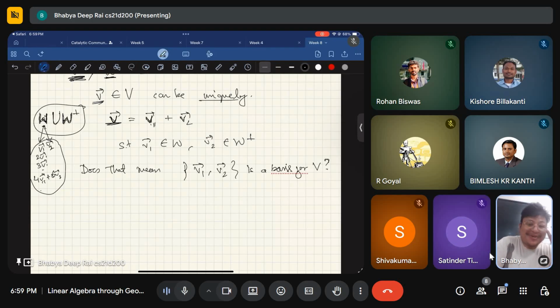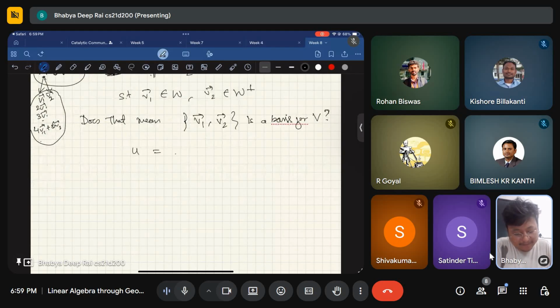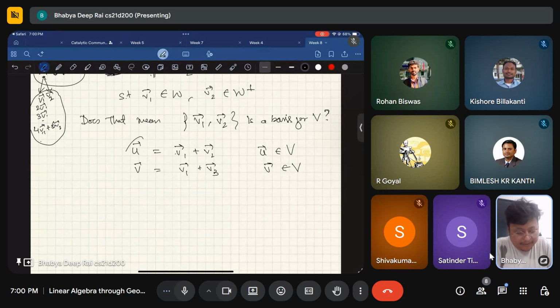So, this will not form a basis because of the following reason. As I check for different V's, these V1s and V2s may differ. So if I have a U, it will be V1 plus V2 and U belongs to the vector space V. And then I have a vector V which is say V1 plus V3, and V belongs to the vector space V. Now these two are linearly independent, I agree, because they are orthogonal to each other.